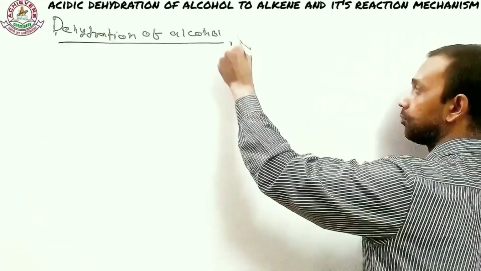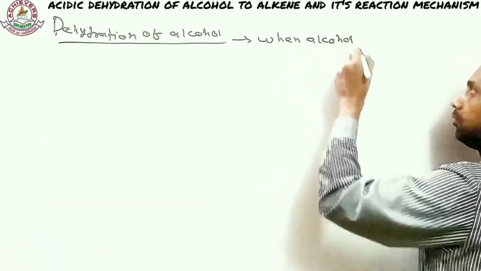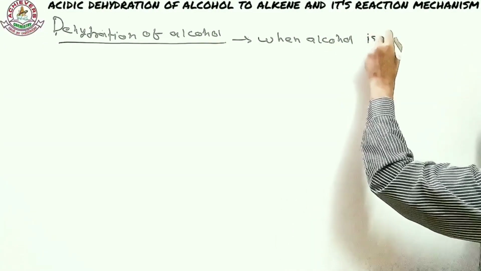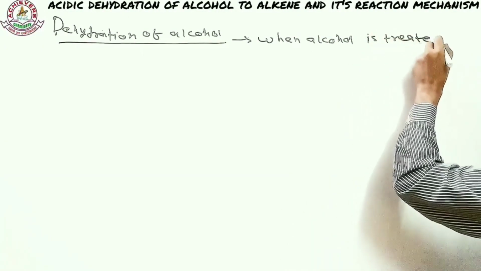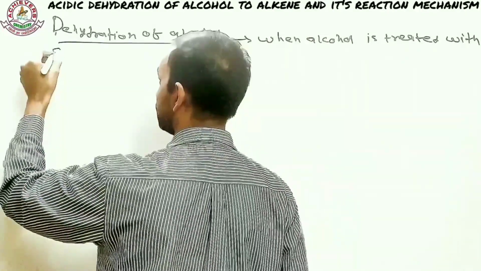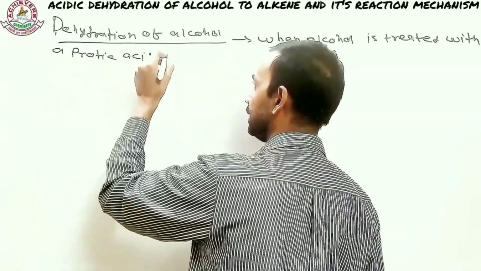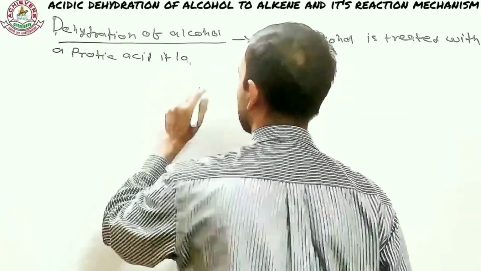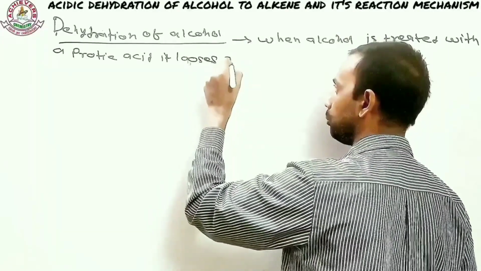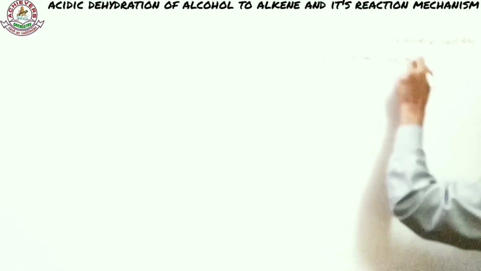Let me define it a bit. When alcohol is treated with a protic acid, it loses a molecule of water to produce alkene.